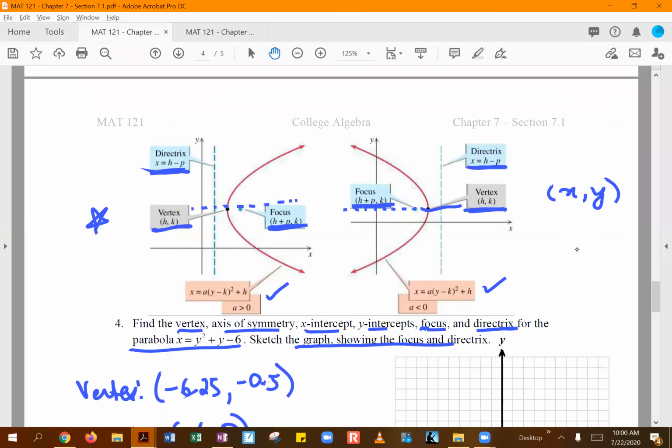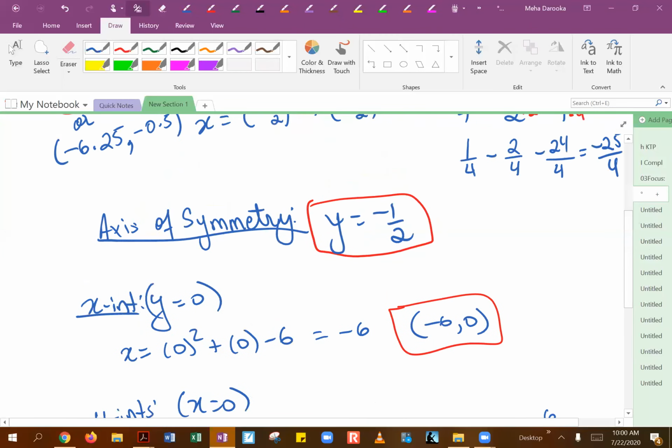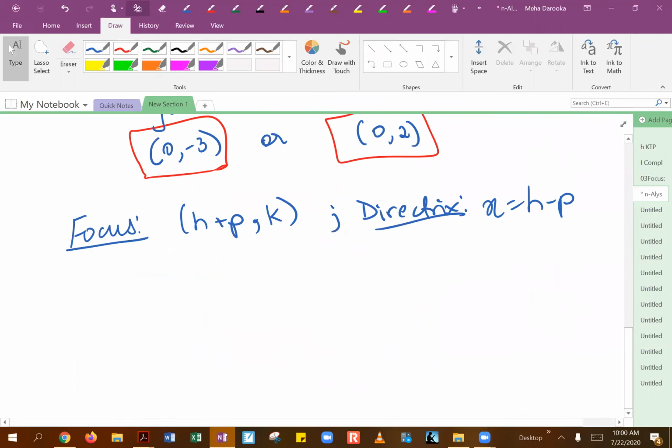Now remember, our h and k values you can get from the vertex of your parabola, and we already have the vertex of our parabola, so we know we have the h and k from here. So our h is negative 25 over 4, and k is negative 1/2.